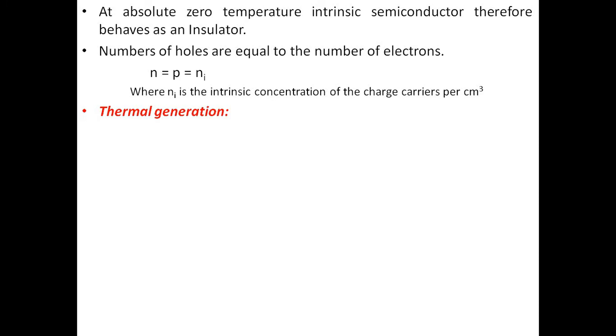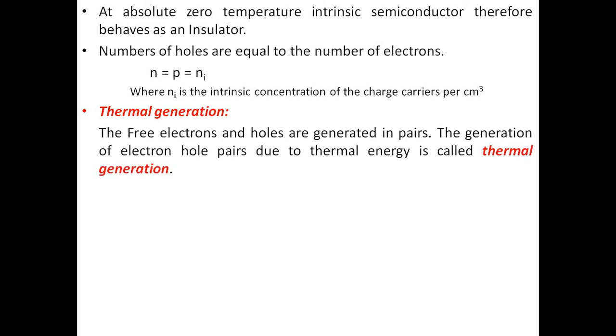Now, let us come to one more definition related to this, called thermal generation. Due to the external temperature or external voltage you apply, the charge carriers absorb the energy and have sufficient energy to break the covalent bond, come out from the covalent bond, and become a free electron.